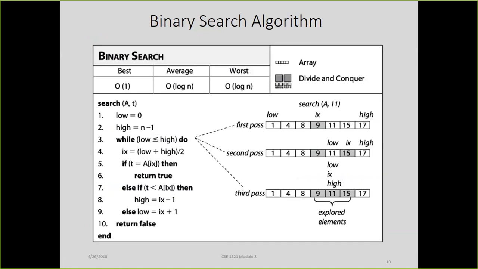And it says big O 1, which means constant, because you may be lucky to find your element at the first search. In that case it is big O 1, constant time.